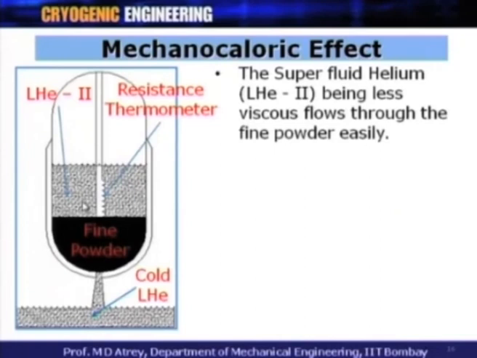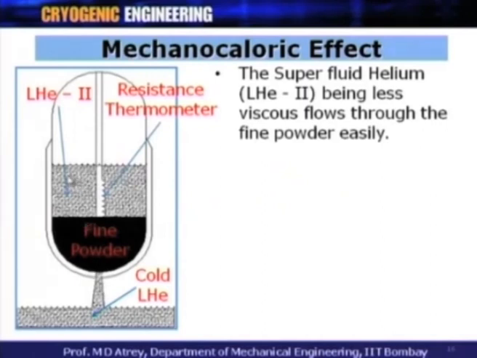This liquid helium 2 slowly goes down and comes out from the small opening at the other end, traveling through the fine powder and going down. So, what will happen over a period of time?